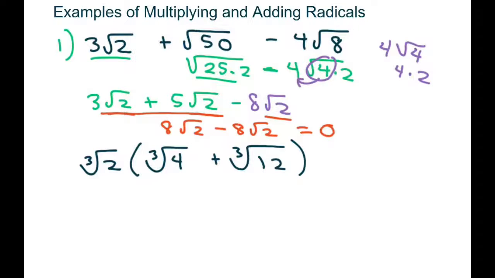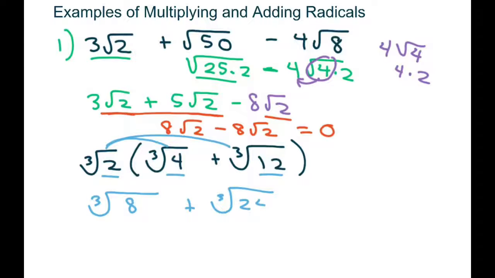Okay, for this one, I'm going to go ahead and distribute. So we're going to get cube root, and this is multiplying 2 times 4, that's 8, plus, and distribute there, cube root of 2 times 12 is 24. So the cube root of 8 is just 2, and on this one I have to write this as 8 times 3.